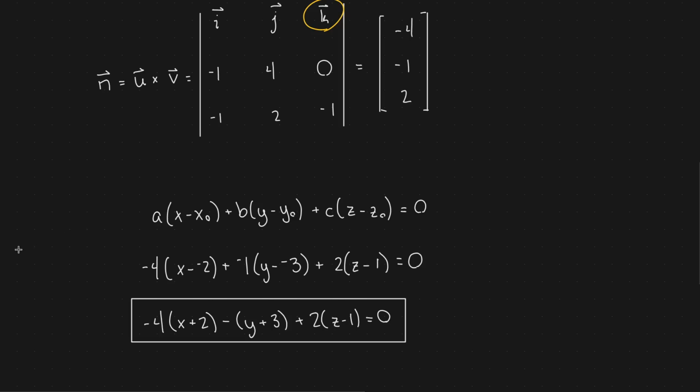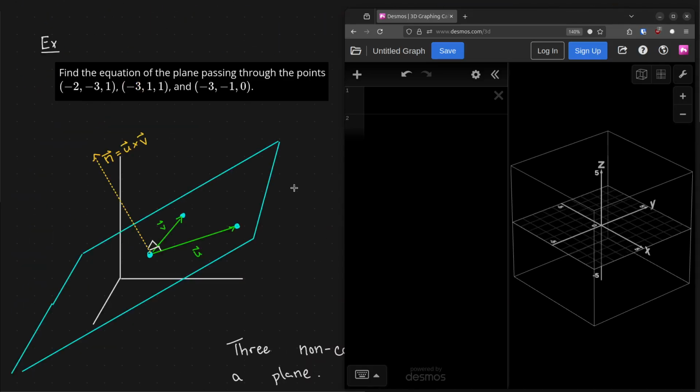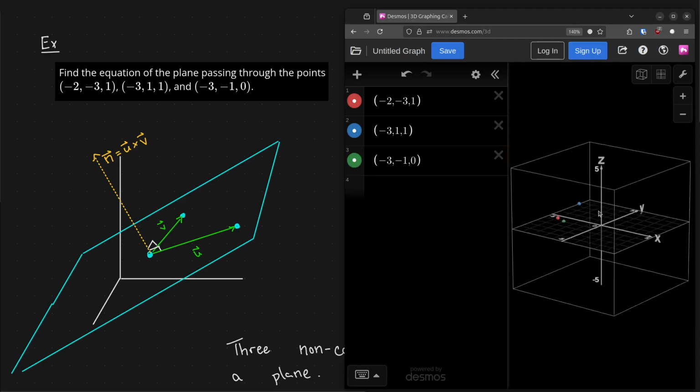All right, let's go ahead and check that graphically. So our 3 points are (-2, -3, 1), (-3, 1, 1), and (-3, -1, 0). I've got my 3 points there.